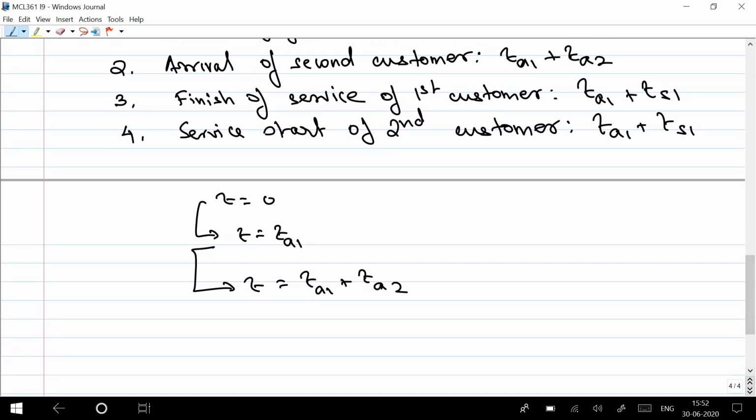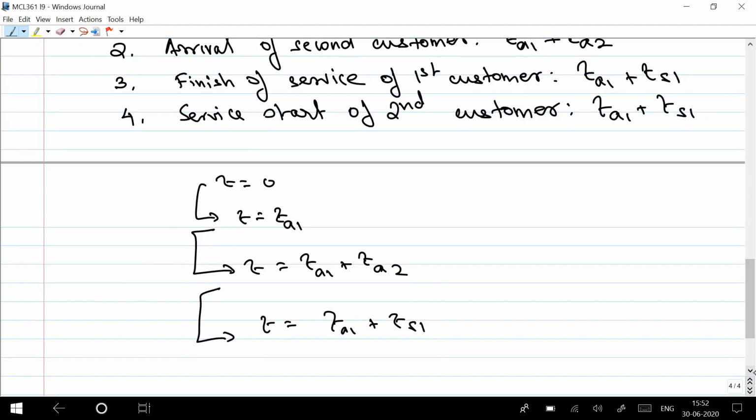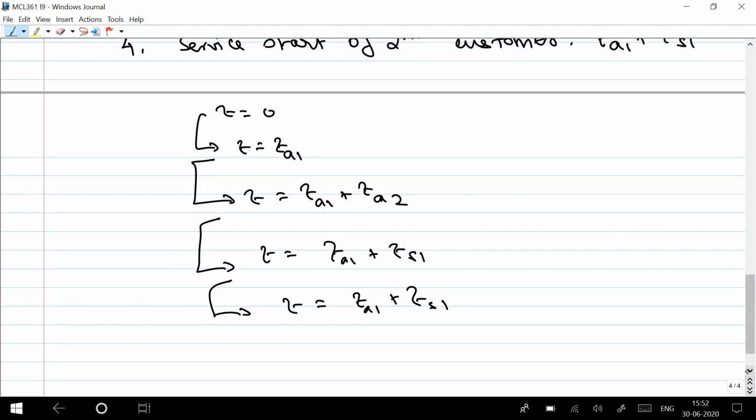Then you move to t is equal to TA1 plus TS1, and so on. And if you assume, for example, that the second customer finishes their service after the third customer arrives, then the next event you will go to is the arrival of the third customer, which is TA1 plus TA2 plus TA3.